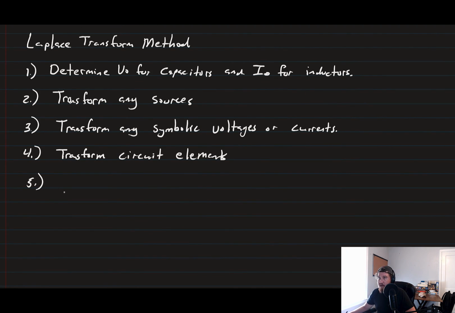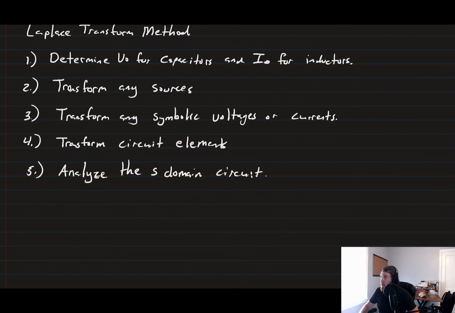This is the circuits 1 stuff, the mesh current, the node voltage, whatever analysis you're performing, go ahead and do it. And if I can spell analyze though, that'd be pretty cool. Analyze the S domain circuit. So this is do the thing.